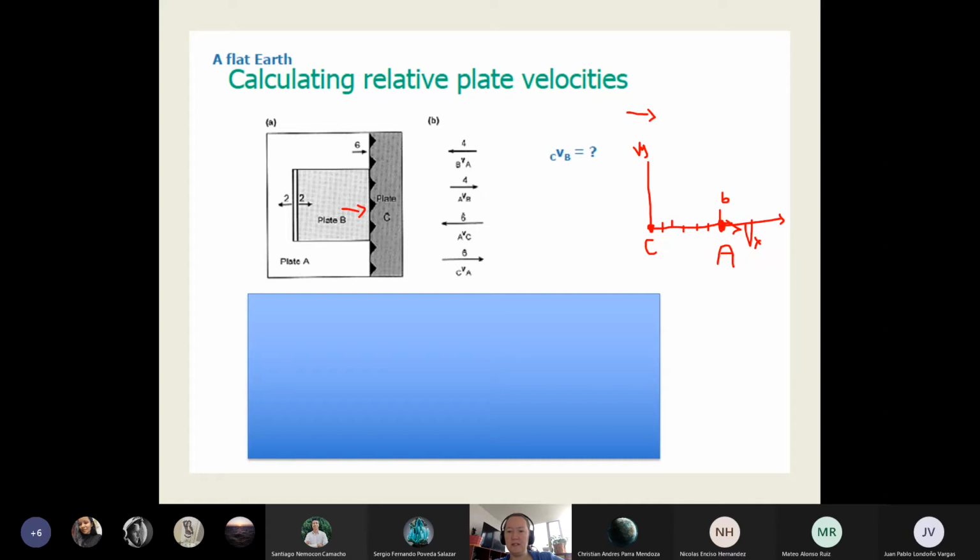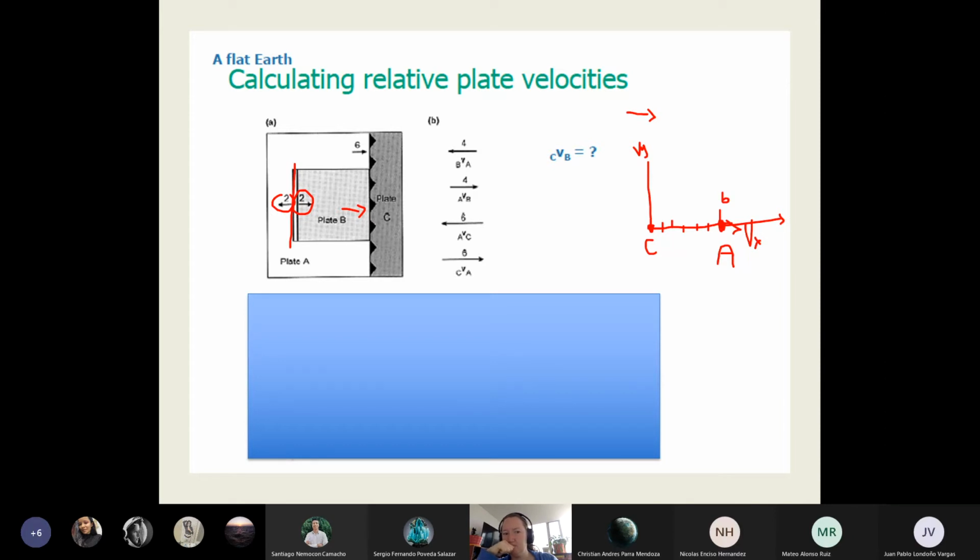Okay, so this is where the trick question came in. Remember, I mentioned the problem with ridges is that we tend to think it's a parallel situation, a mirror image, so it goes 2 and 2. But this 2 is really with respect to the ridge. If I look at how fast plate A is moving away from plate B, it's 4.